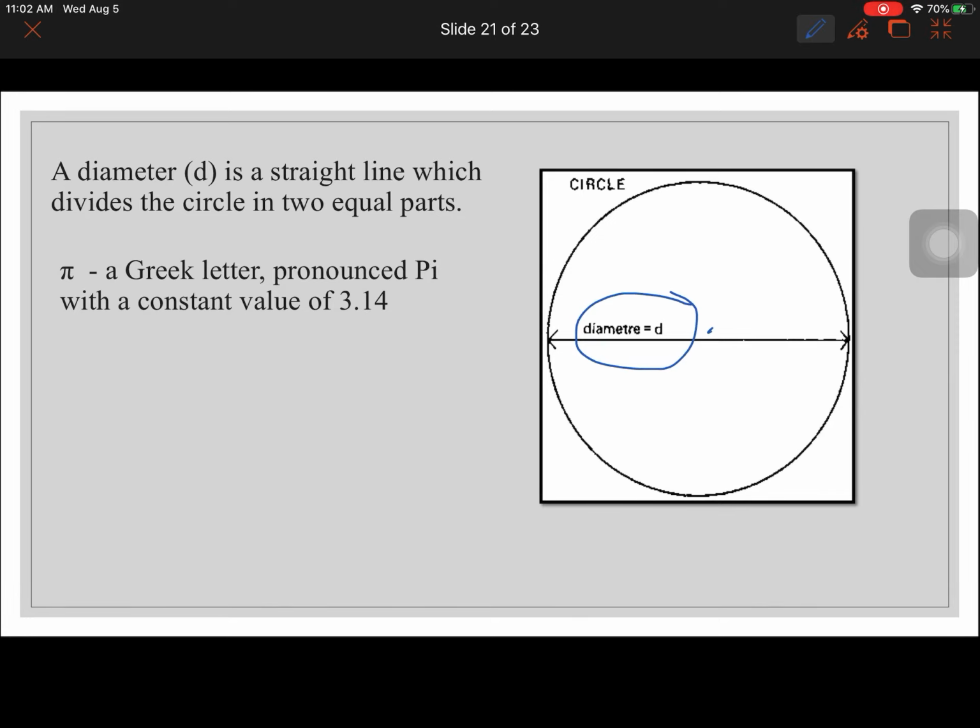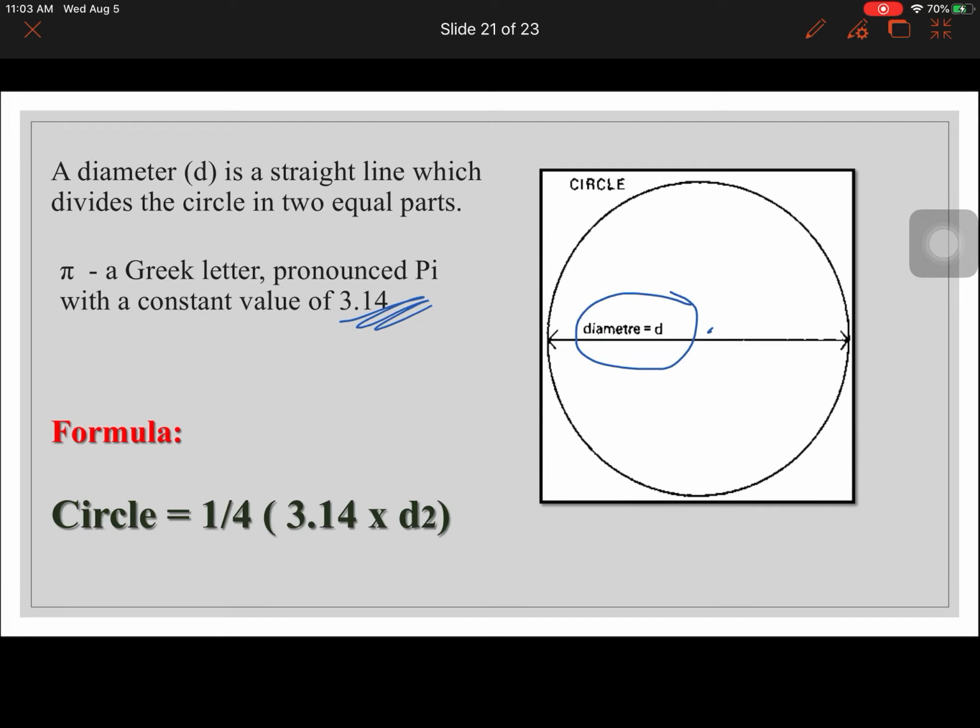Then, the pi is constant siya, hindi siya pwede magbago, na ang laging value niya ay 3.14. So, ang formula to compute the surface area of a circle is 1/4 times open parenthesis 3.14 times d squared close parenthesis. Yung d squared na yun, dodoblihin nyo lang o times nyo lang ang value ng diameter sa dalawa.